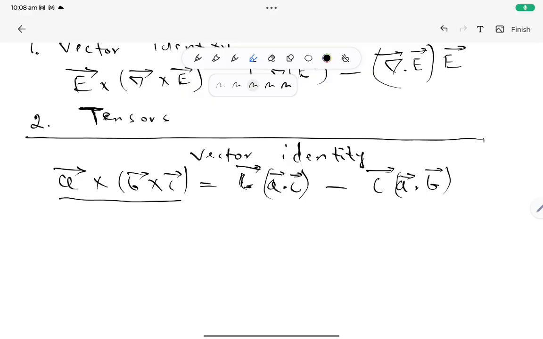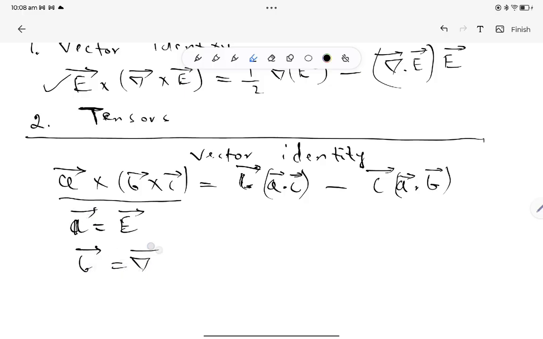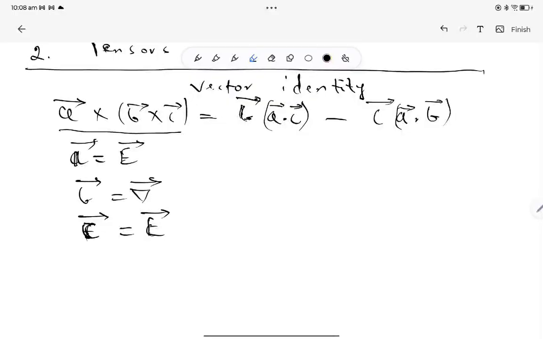If we now apply this vector triple product to these vectors, putting A equal to E, B equal to del, and C equal to E, here you will get a result that is wrong.